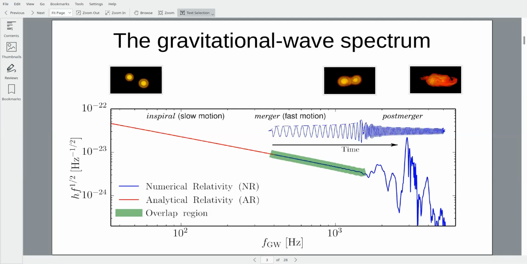This is followed typically by a burst, if there's a remnant, at kilohertz frequency, which you see clearly in this picture. And that corresponds to the early, I would say, dynamical phase of the post-merger dynamics.